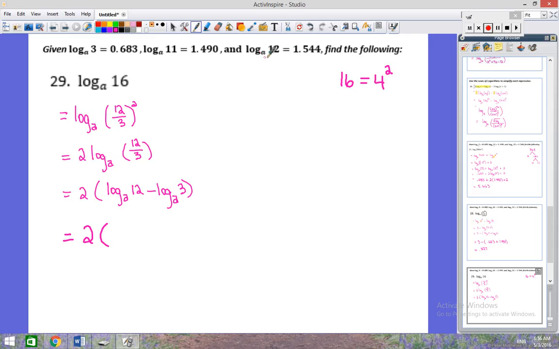So they tell me log base A of 12 is 1.544 minus this 0.683. Alright, so let's see what we get. If I've keyed that incorrectly, I get 1.722. Alright.